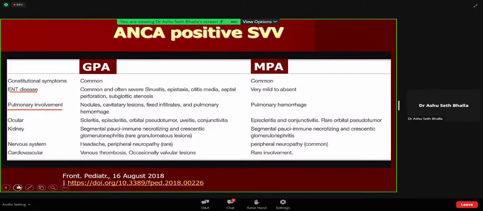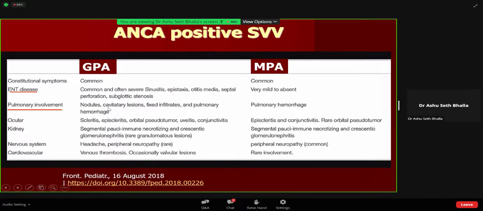Now, let me just show you the main differentiating points between GPA and MPA. The type of ANCA in both is different, whether it's PR3 or MPO, we did that. But the clinical manifestations and the type of pulmonary involvement, which you will see on imaging, is also different. So you see the paranasal sinus involvement and the otitis media manifestations are far more common in GPA, but far less in MPA.